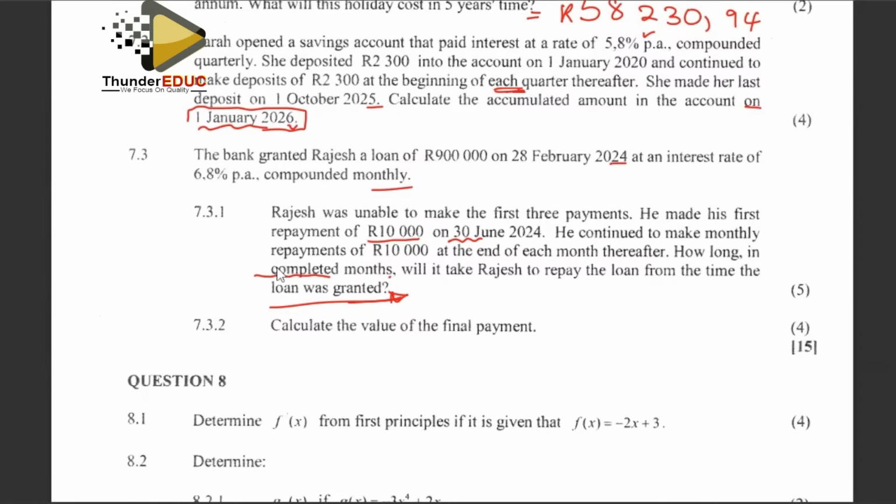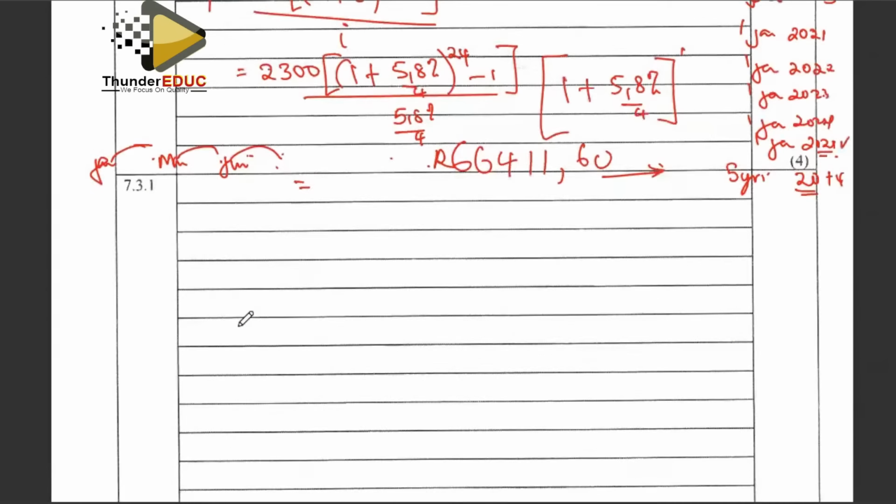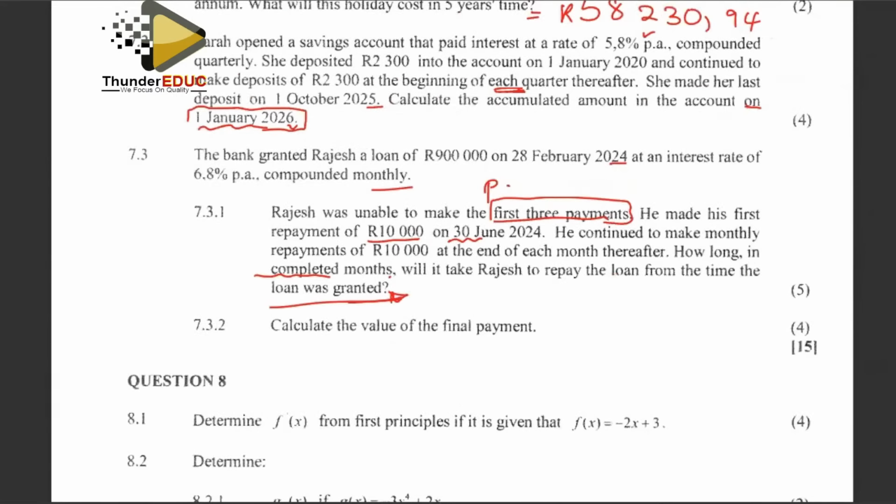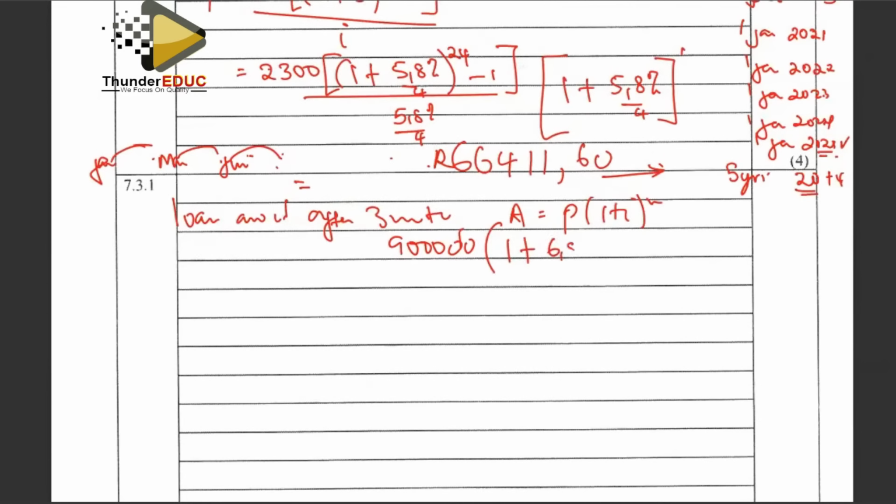Okay, so we know that since it's a loan, we're focusing on the present value. But for the first 3 payments that we missed, the money must grow. So we're going to say that the loan amount after 3 months is going to be 1 plus I to the n, so that's going to be 900,000 into 1 plus, the interest rate was 6.8% monthly, to the exponent of 3 months.